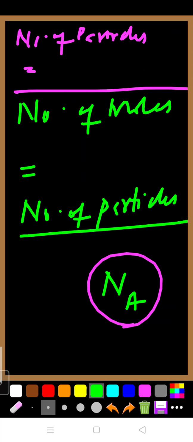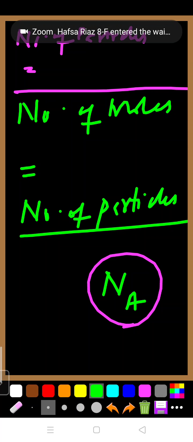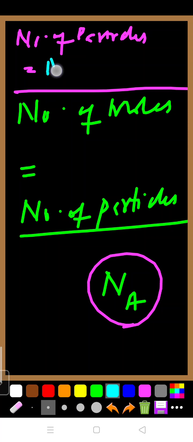Number of moles equal to particles upon Na, and number of particles will be moles into Avogadro's number. This is the formula for particles.